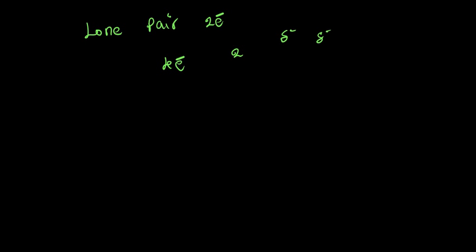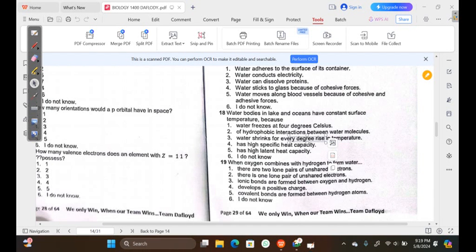Here you have two electrons, here you also have two electrons. So this is a lone pair, this is also a lone pair. Together they form two lone pairs. So when you hear a lone pair, it's two electrons. If I say three lone pairs, it means you have six electrons. Is that clear? Yeah, so the correct answer here is option 1.